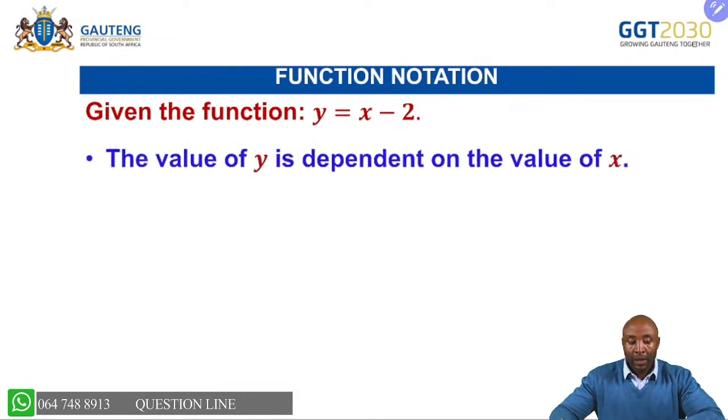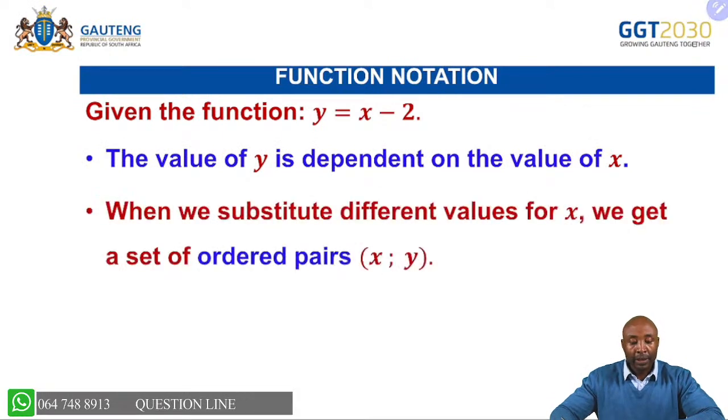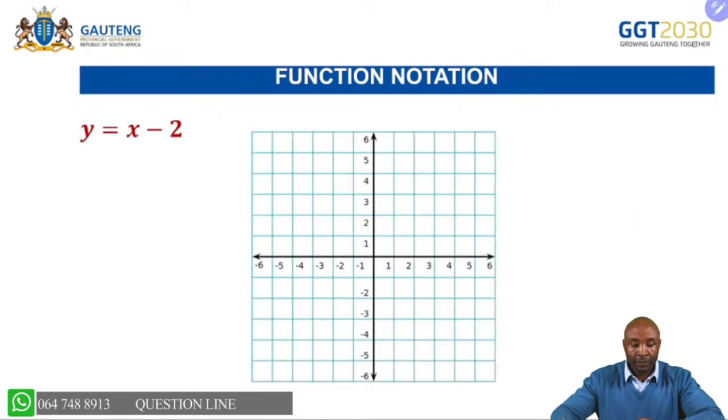So our y is our dependent variable, and x is our independent variable. We always give those as ordered pairs in terms of coordinates in the Cartesian plane, where we have our x first and our y value coming after the semicolon.